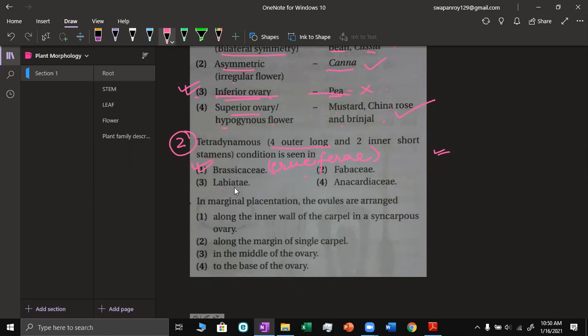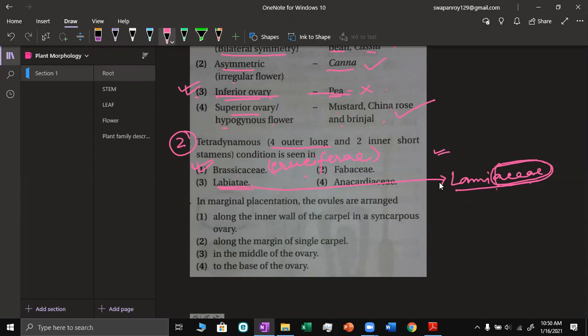In Labiatae, the didynamous condition is found, that is two long, two short. Labiatae is also known as Lamiaceae, the new name, because in the modern rules all family names end with -aceae.